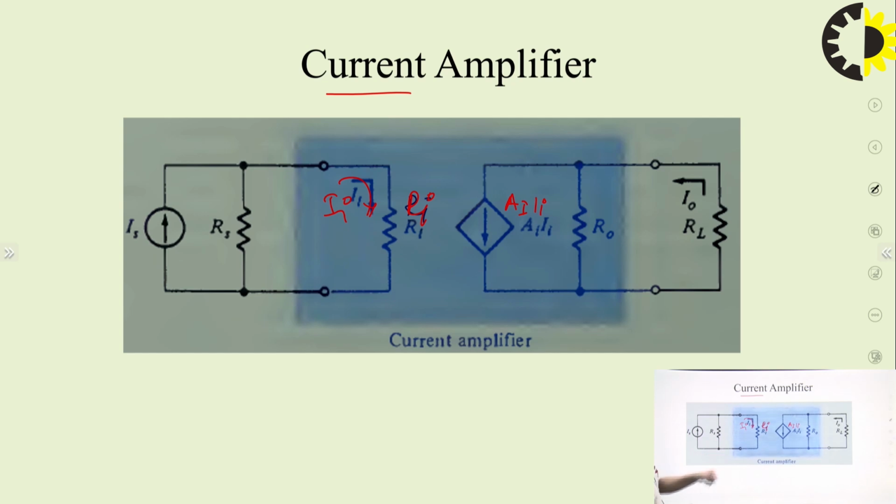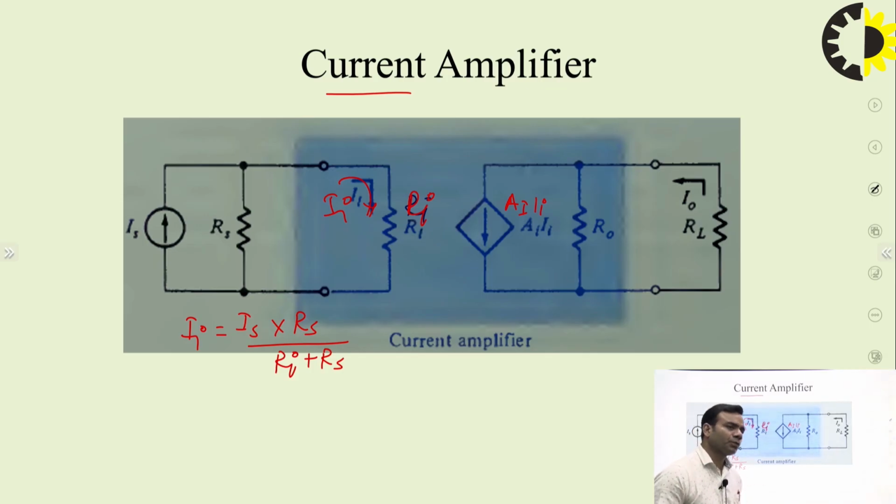So this current will be maximum when Ri will be minimum, or by current divider rule we can say Ii is equal to Is into Rs upon Ri plus Rs. That means Ri should be as small as possible.